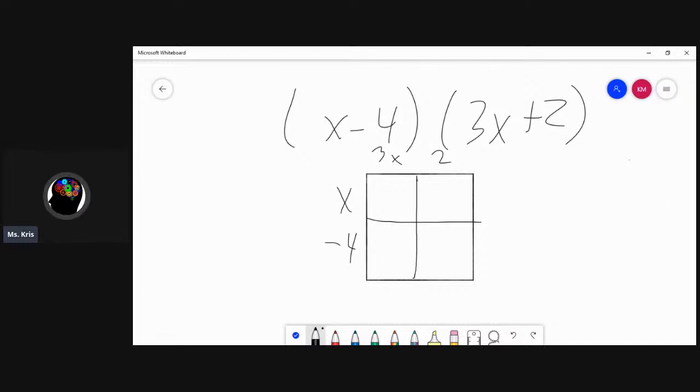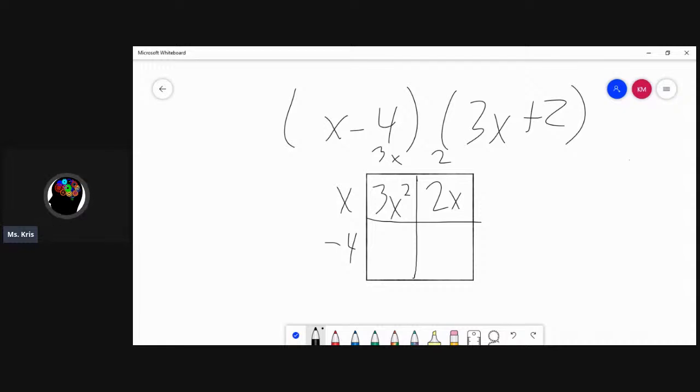X times 3x will give me 3x squared, because 3 times 1 is 3. X times x is going to be x squared, because x to the 1 is x to the 1 plus 1, which gives me x squared. Now I will take my x and I will multiply it to my 2, and that will give me 2x.